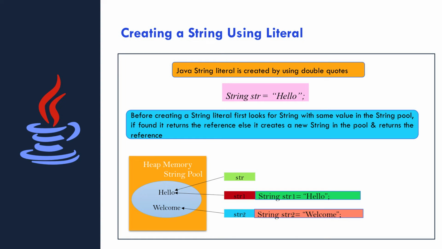Once again, a quick review: string literals are what we also call the interned way of creating a String. The interned way of creating a String is where a string literal gets created in the string pool. Once a literal is created, it will not be recreated. So if you said String str = "hello", we are not going to create it again for String str1 = "hello"; it is going to point to the same string literal.